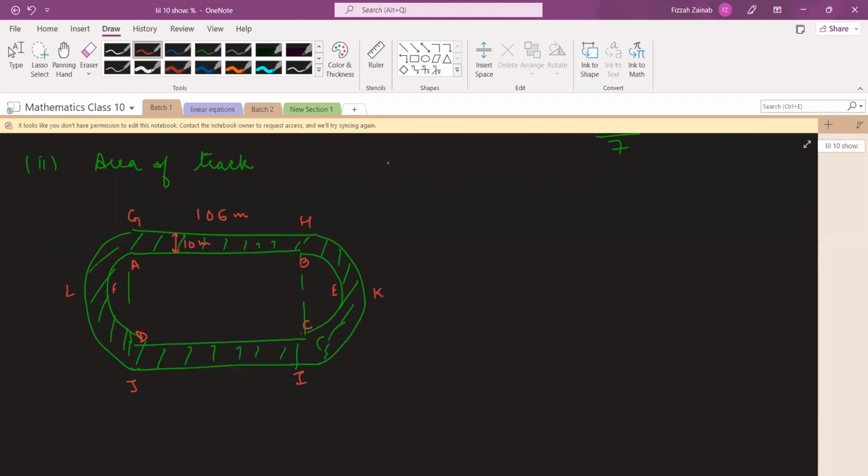So let us write. So area of track will be equal to. Okay, so first of all, area of GHIJ. See, you can do it this way also.